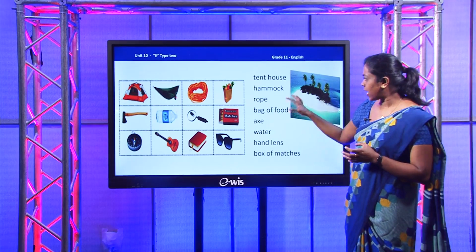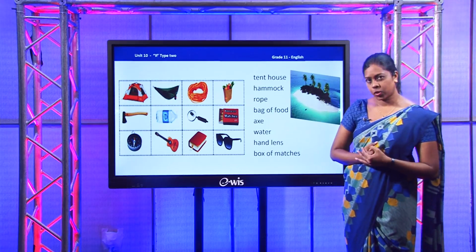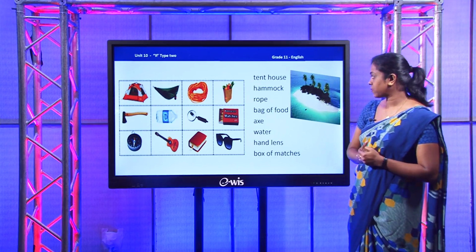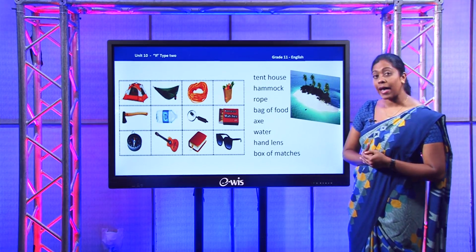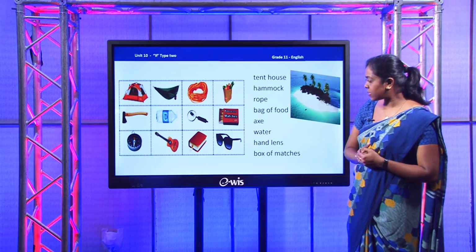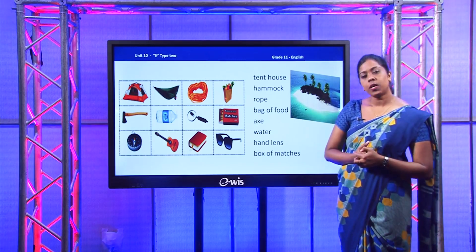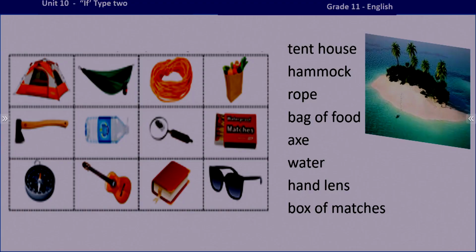Right, so these are the items you find in the box. There is a tent house, there is a hammock, a rope, a bag of food, an axe, water, hand lens, a box of matches. Right?